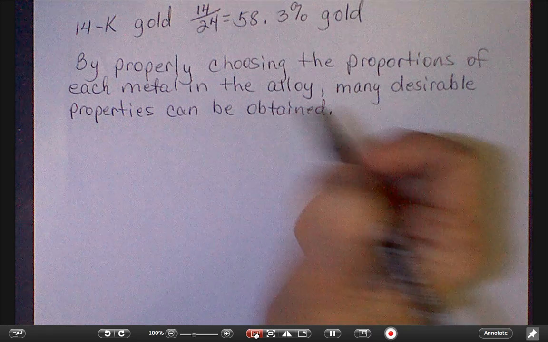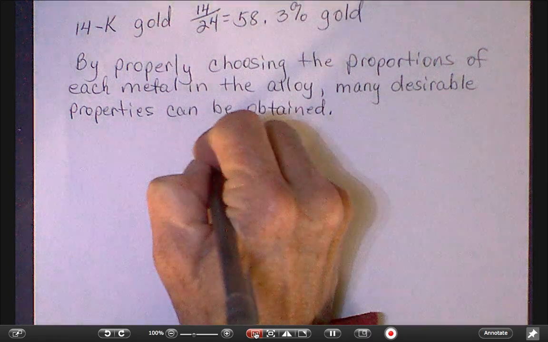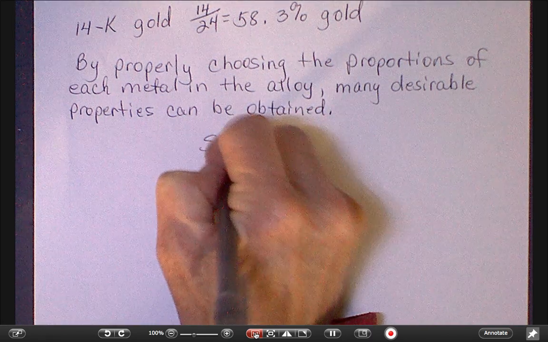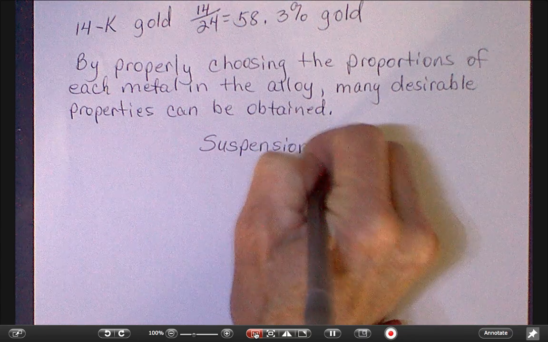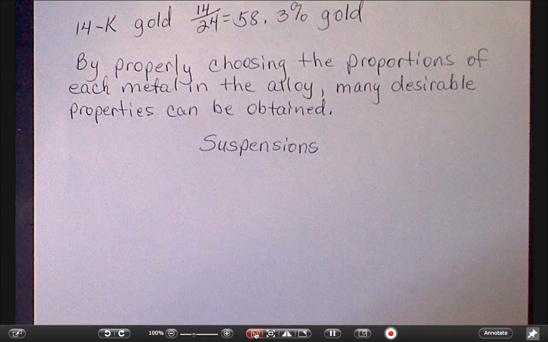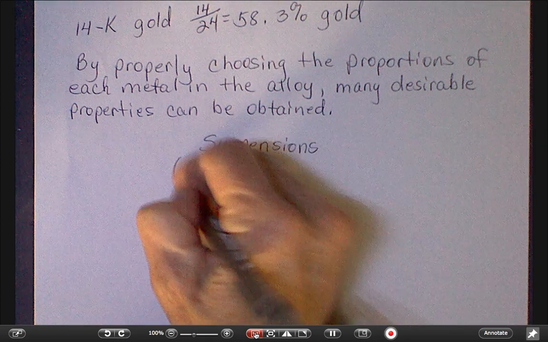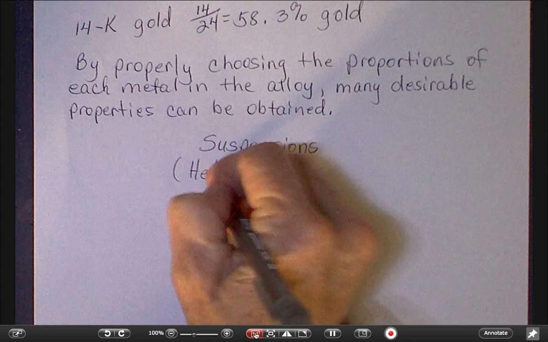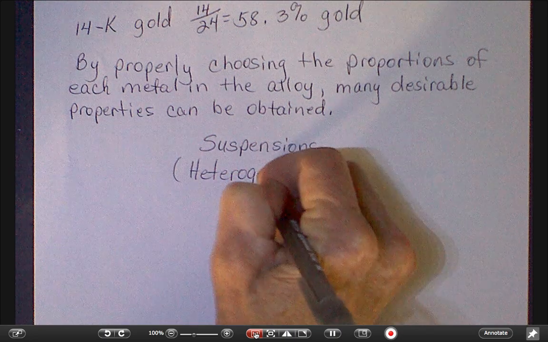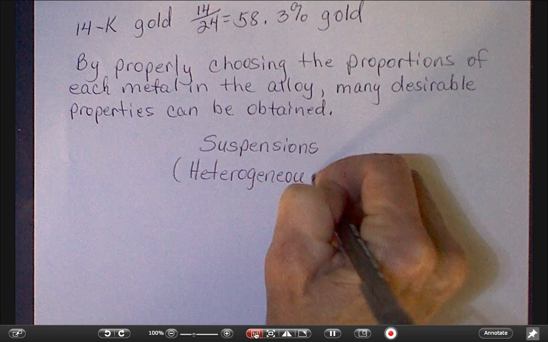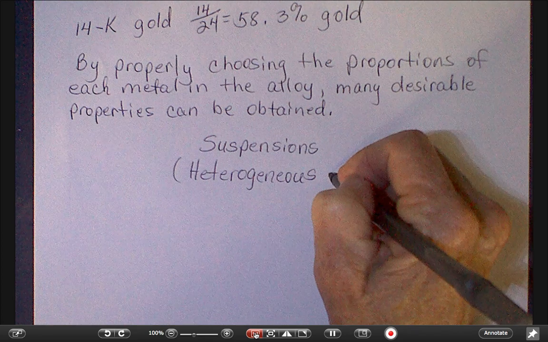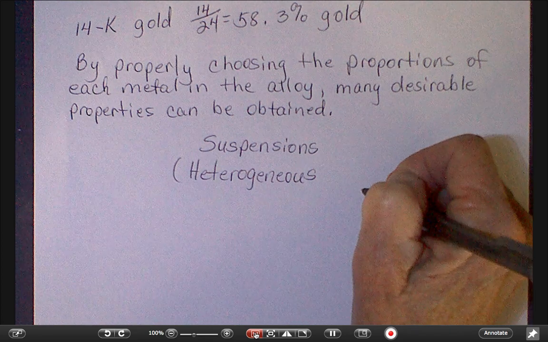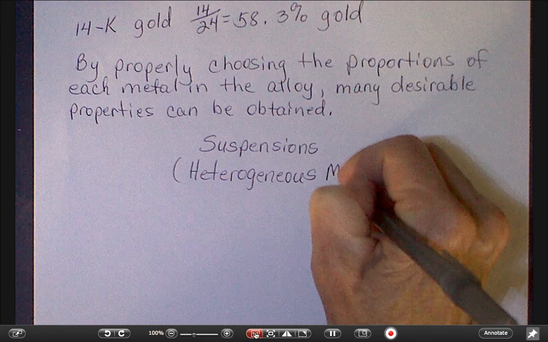So now we're going to change gears and we're going to go to suspensions. Okay, suspensions, heterogeneous. Heterogeneous what? Thank you.